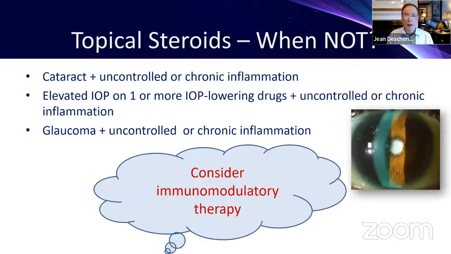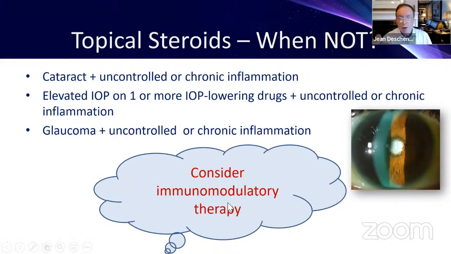So when shall we not use topical corticosteroid? Well, if a patient is really developing a cataract with uncontrolled or chronic inflammation, then we should think of something else rather than topical corticosteroid. In some cases, it's appropriate to continue using the topical corticosteroid, but rarely I'll do it alone.